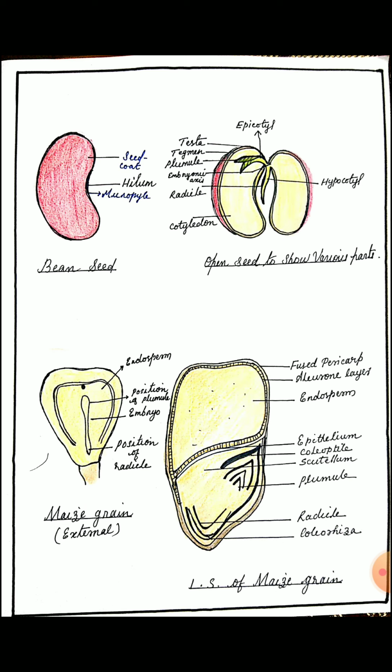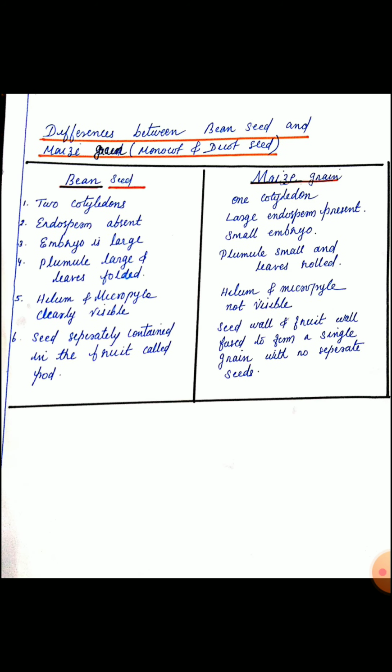Check all these characteristics. Now, maize grain: only one cotyledon is present, a large endosperm is present, small embryo, plumule small and leaves rolled, hilum and micropyle not visible, seed wall and fruit wall fused to form a single grain with no separate seeds. So that is the difference between a dicotyledonous seed and a monocotyledonous seed.